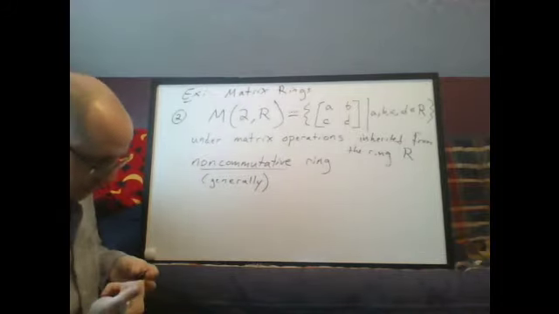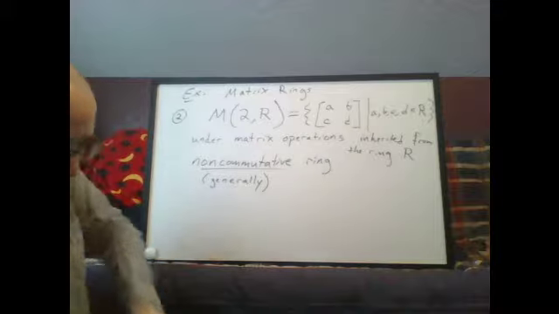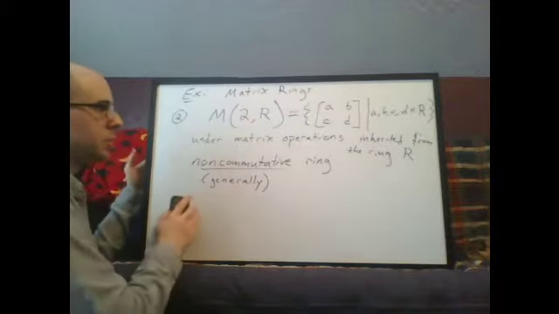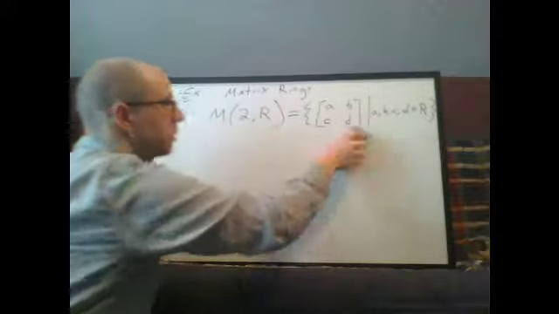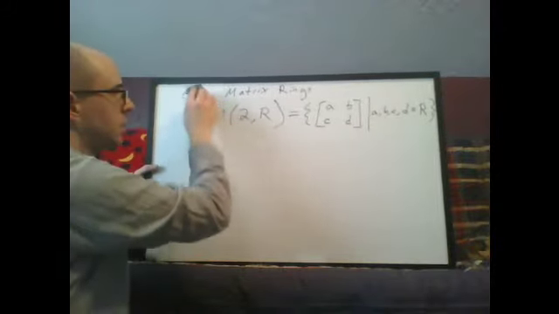Let's do a specific one with a specific alternative ring, like we do with polynomials here. So let's go back and use Z4 for our entries.